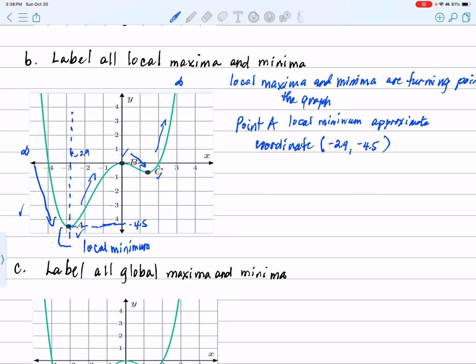So we'll have the point B. Point B, you could say that the point B is a local maximum.